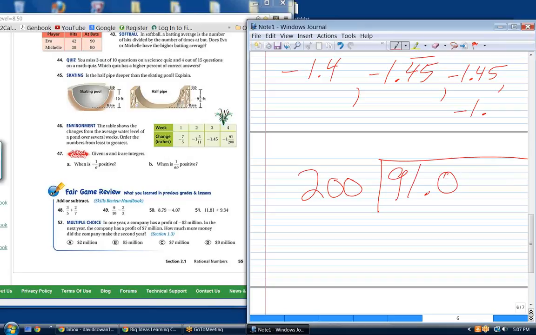We don't really say it's 200 dividing into 91. It's 91 divided by 200. And what is this equal to?